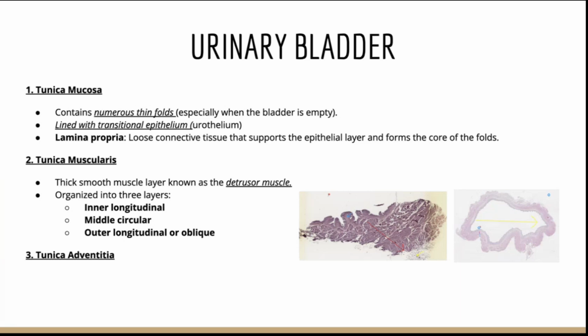The tunica muscularis is a really thick layer and is really prominent on the slide. The smooth muscle layer is known as the detrusor muscle, and it is organized into three layers: the inner longitudinal layer, the middle circular layer, and the outer longitudinal or oblique layer. And the tunica adventitia is again loose connective tissue, vessels, as well as nerves.